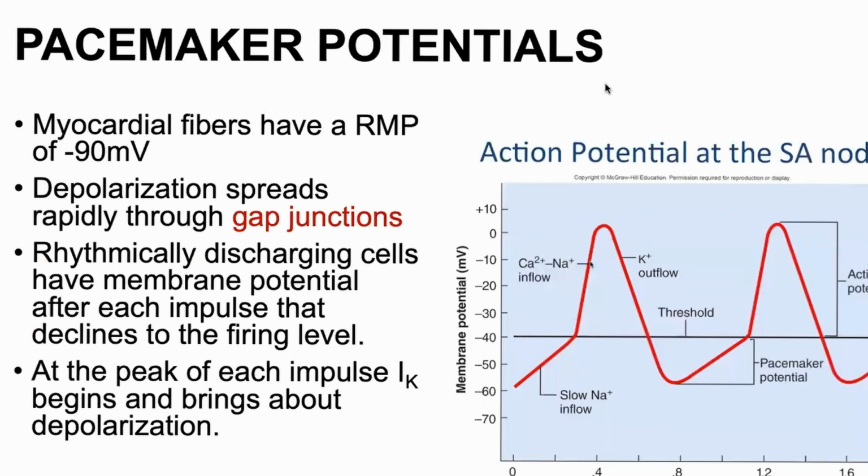In terms of the pacemaker potential, there are gap junctions, as you already know, between the cells that help to propagate the rapid conduction. This is just showing the action potential in the SA node. You have the inflow of sodium, inflow of calcium and sodium, and the outflow of potassium.